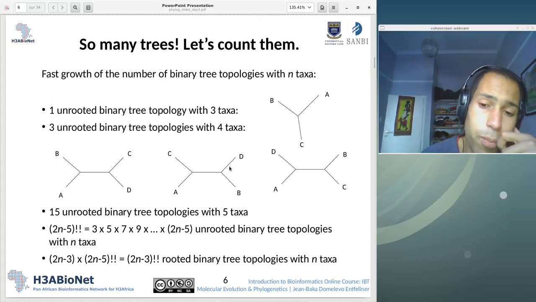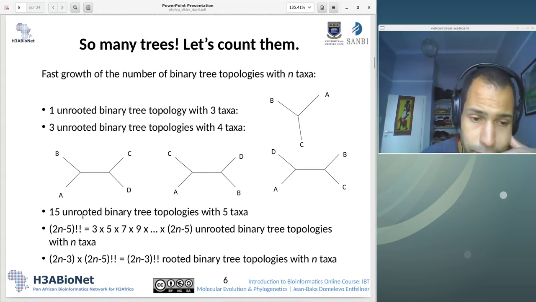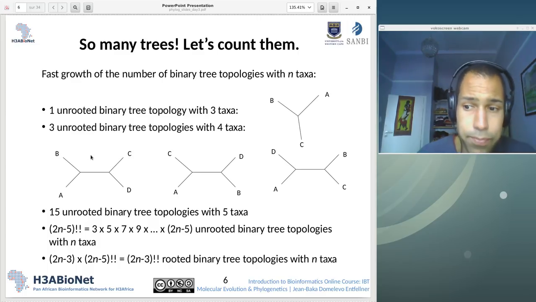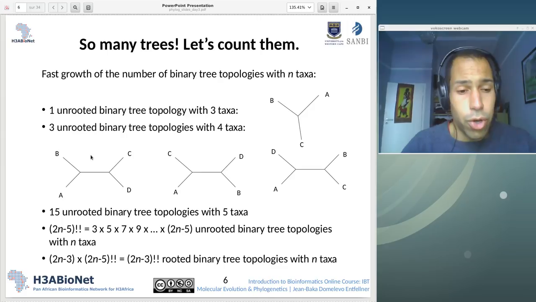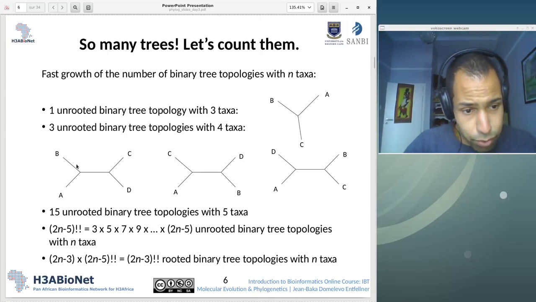Okay, so we'll get to this formula very, very soon, seeing that if you want to count how many tree topologies with 5 taxa, it's grafting a new taxon E, and you have 3 choices. You have the choice of grafting it in this phylogeny or in this one.